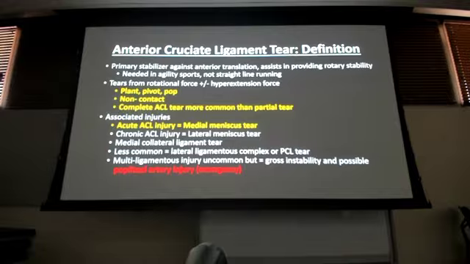Okay. All right. So what is associated with ACL injuries? In acute injuries, it is medial meniscus tears. In chronic ACL injuries, it is lateral meniscus tears. So what does that mean? Do patients that have chronic tears tend to be more partial? They go on to be worse? Yes, right? Just by definition, though.